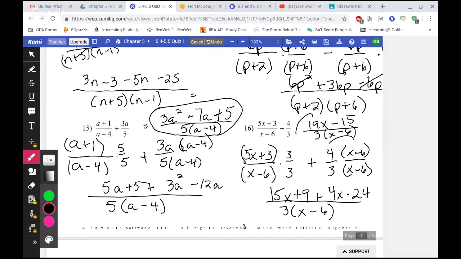And that's your final answer for that one. Nothing factors out of that one either. 19 is prime, so you really can't factor anything. And remember, this is just a solid term here. Yeah. So those are all the final answers for those. Okay.